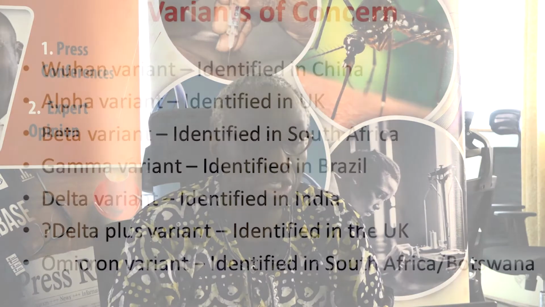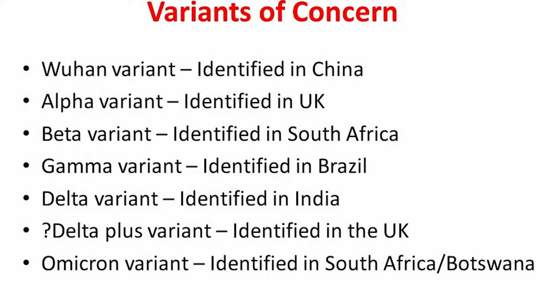Now, currently, the variants of concern that have been described by WHO include the following. We started with the Wuhan variant. Then we went to the Alpha variant that was first identified in the UK. And then shortly after that, we had the Beta variant that was identified first in South Africa.